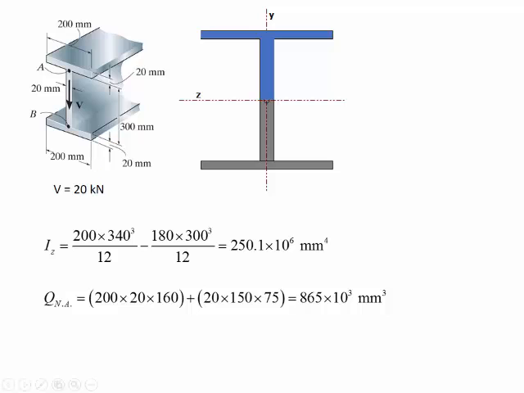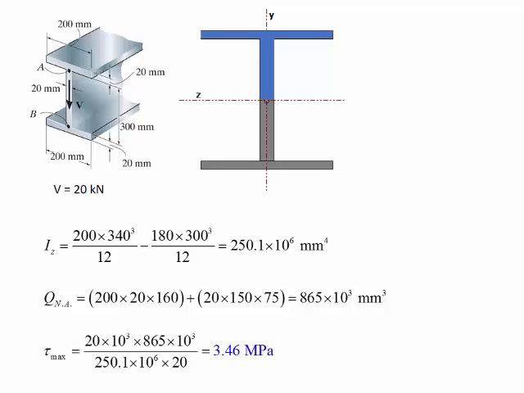And then we have the area of the portion of the web, which is 20 times 150 times the distance of the centroid of that portion of the web to the neutral axis, which is 75. So we add all these quantities and we find that the first moment of area with respect to the neutral axis is 865,000 millimeters to the cube.